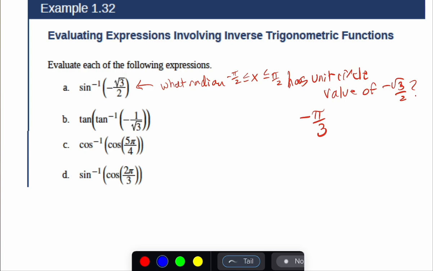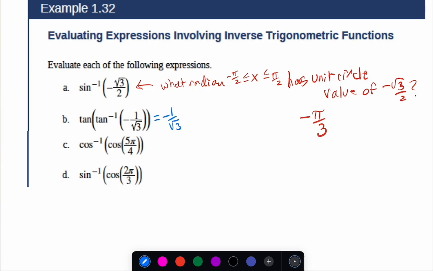Let's look at B. Now, this is what's cool. Here, that's going to give us a radian measure, but then we're just going to undo it. So our answer will just be the thing inside. Because if I say, hey, what radian measure gave me a tangent value of -1 over square root of 3, and you say negative pi over 6, and then I say, hey, what's the tangent of negative pi over 6?